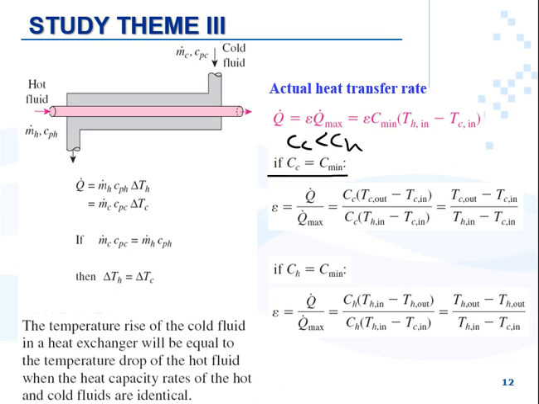This is epsilon, how it's going to be calculated, because the maximum will be the C minimum multiplied by the maximum temperature difference that we said happens in a counterflow configuration, and it's always the inlet temperature of hot fluid minus the inlet temperature of cold fluid, because they always have the biggest temperature difference. And Q dot on top, so of course it is the cold, so Tc out minus Tc in.